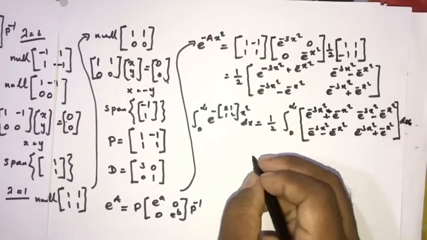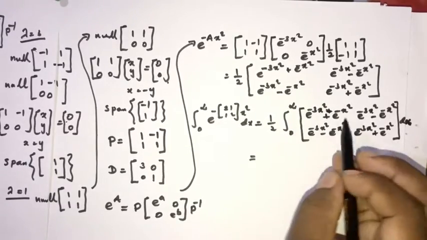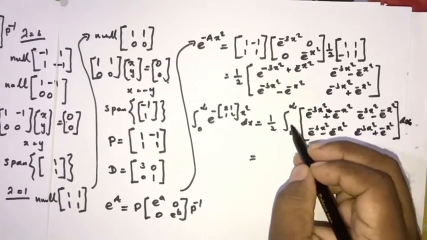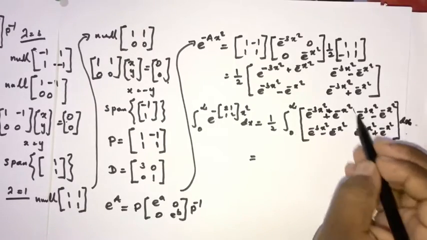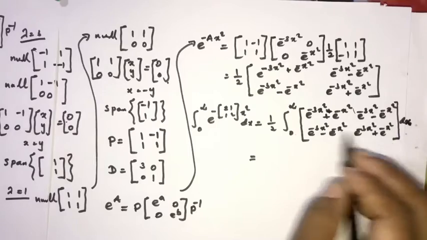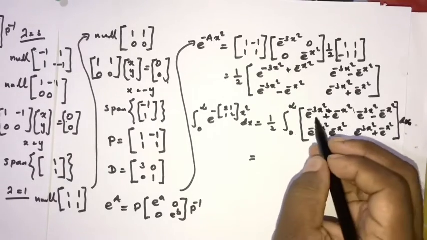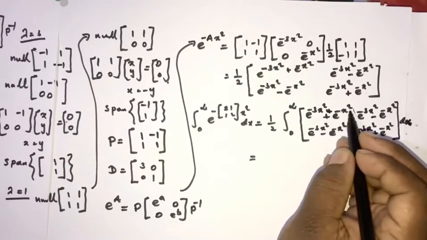Now we should integrate this, entry by entry. But here we have the integral from 0 to infinity of e to the minus x squared, we know.